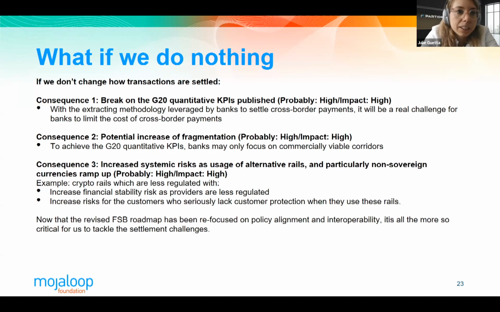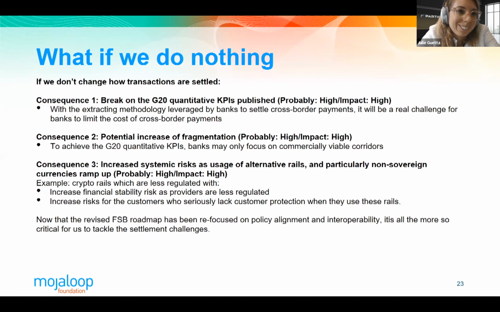Consequence number three is we probably see increased usage of alternative rails, particularly ones that are very much unregulated, or ones that leverage non-sovereign currency. For example, we could see crypto rails being used in the cross-border payment space, but we know that this type of rail today has very little protection for the customer.